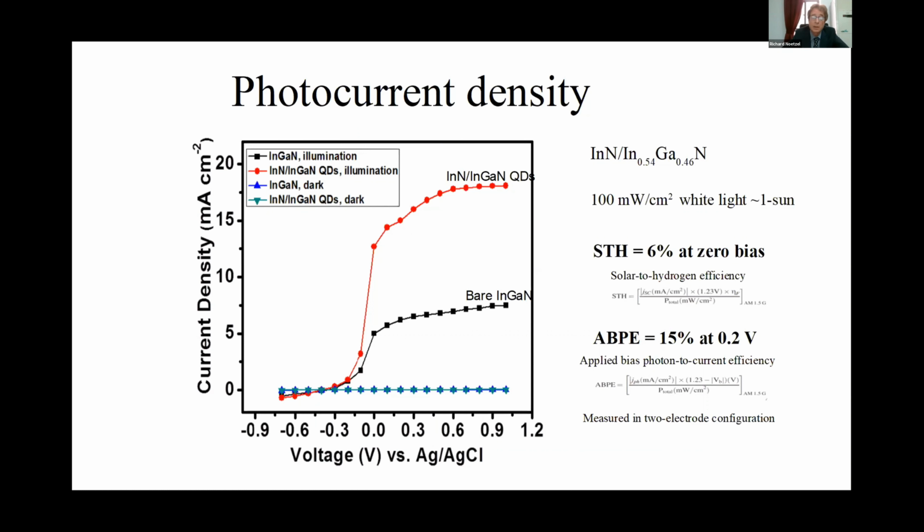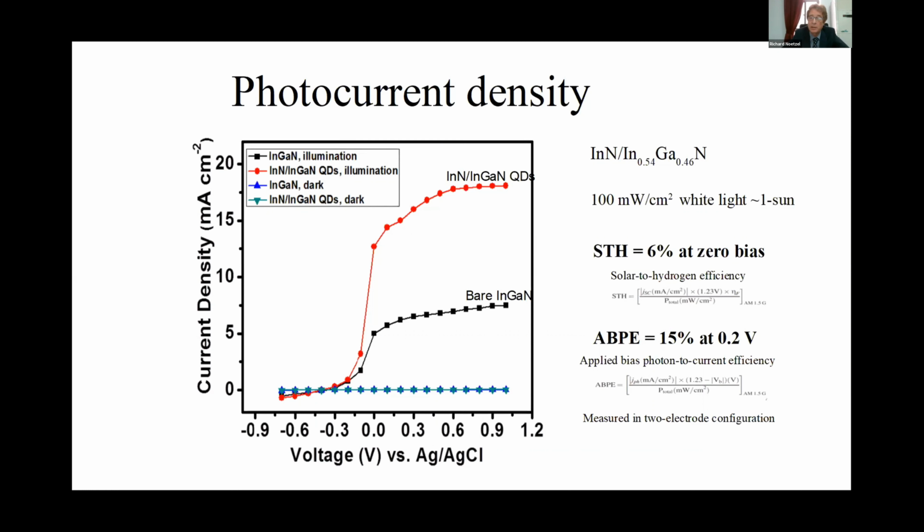And from the photocurrent, we can deduce a solar to hydrogen efficiency of 6%, which is quite a high value. This is at 0 volt bias. The only power input is sunlight.